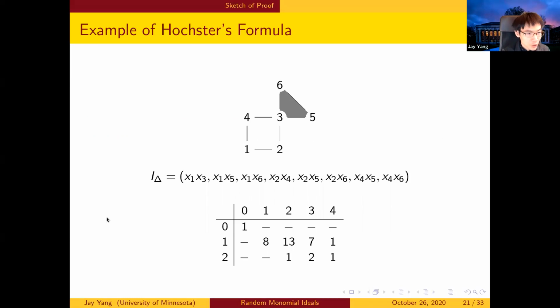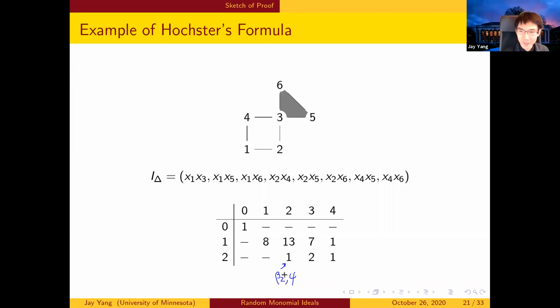All right. More explicitly, let's take a look at what this actually means. This entry here is beta_{2,4}. What Hochster's formula will tell you is I need an induced subcomplex of size 4, so 4 vertices, and this 2 will tell us that I need H_1.